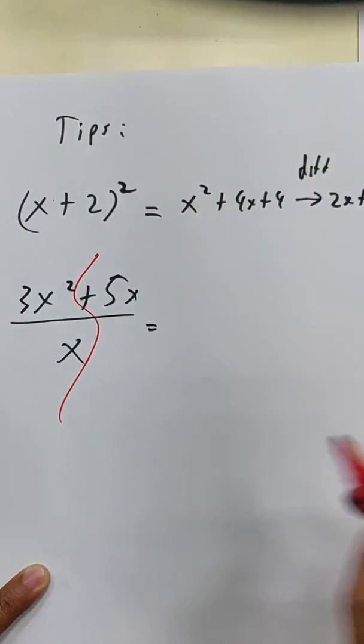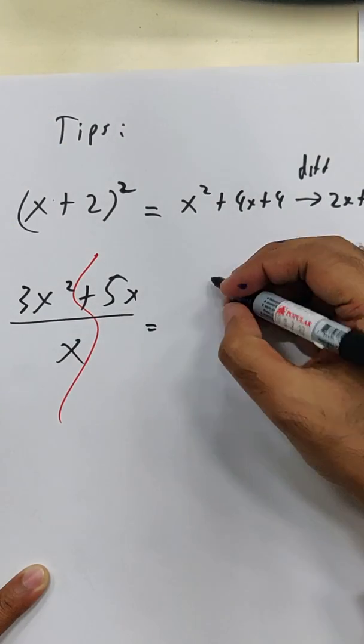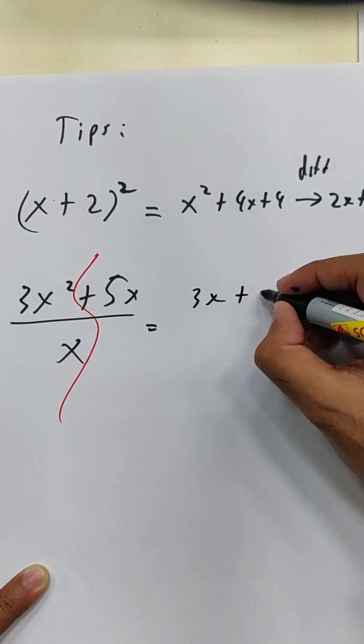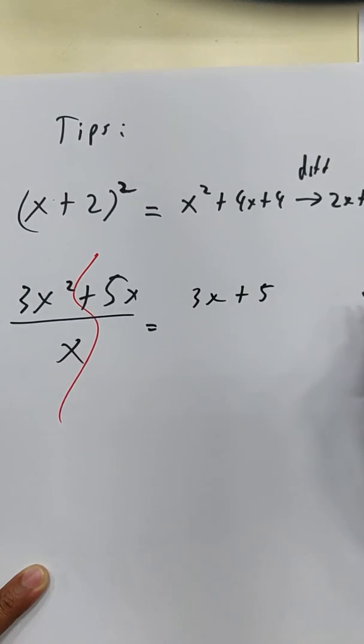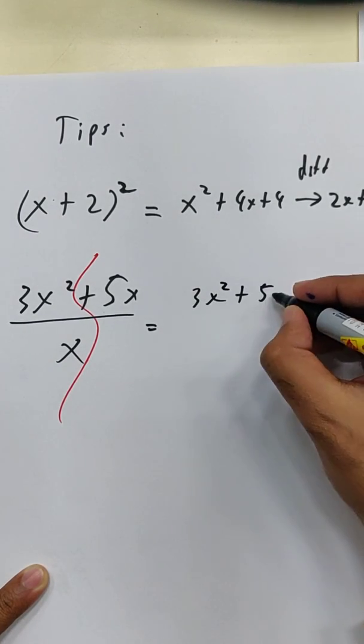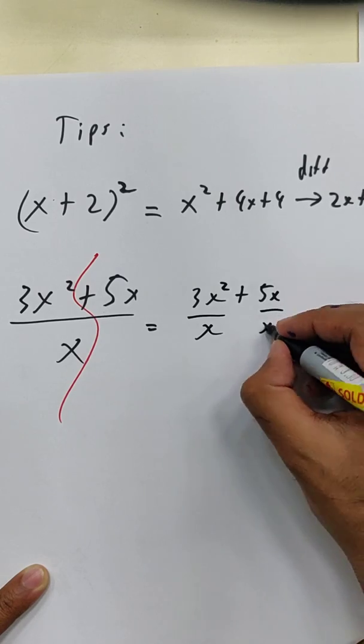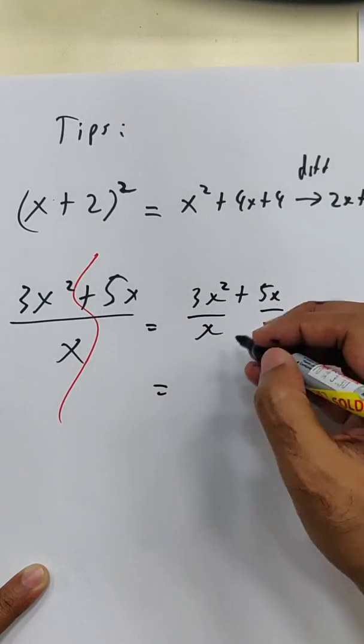You split it up first. 3x plus 5. Well, I'm going to slow down a bit. Some people did not see this move. You split it up and then you can simplify.